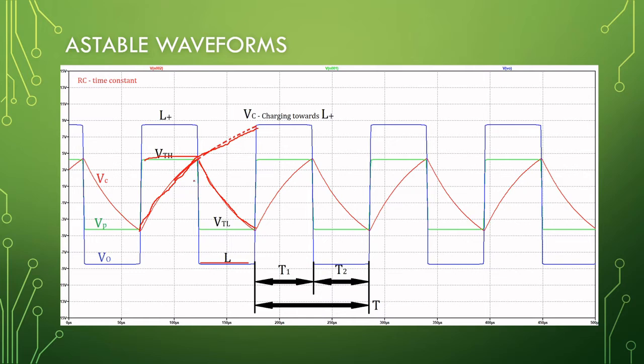So this charging and discharging of a capacitor is towards the limits, and that is determined by our RC time constant. If our limits are symmetrical, T1 and T2 would be the same. Okay, so we have a time for the charging and a time for the discharging, and the sum of the two would be our period. Okay, and that gives us our frequency.